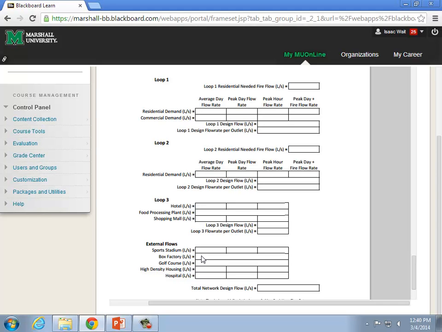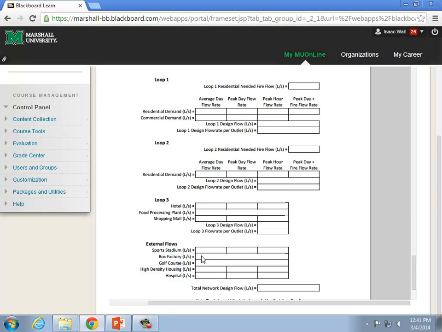Now, the shopping mall, you can use your own reasoning there and find out your own peaking factors for the peak day or the peak hour. I'd be delighted if you put some thought into what you think might be an appropriate way to peak any of these external flows or commercial flows. Some of them probably will be similar to residential demand variation, and some of them will probably be different.